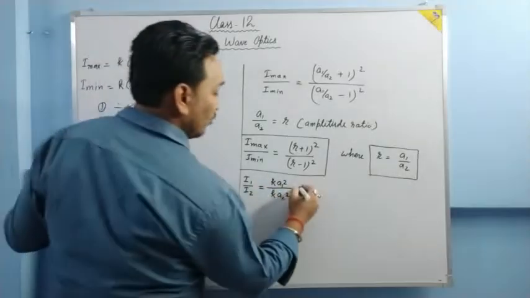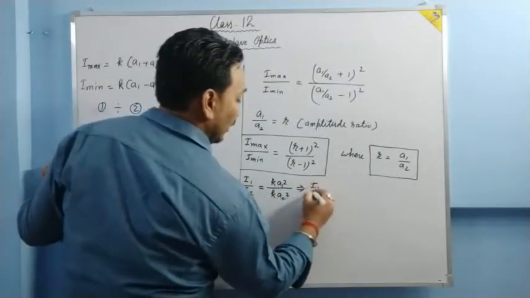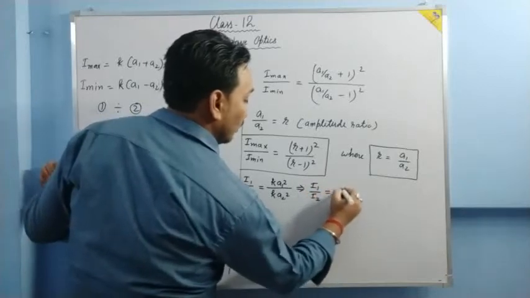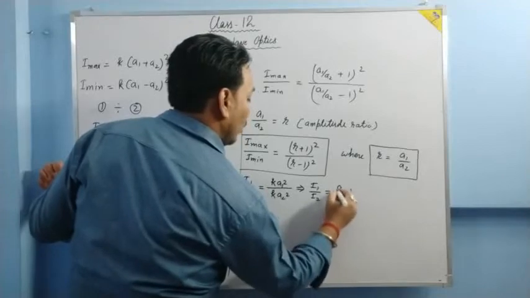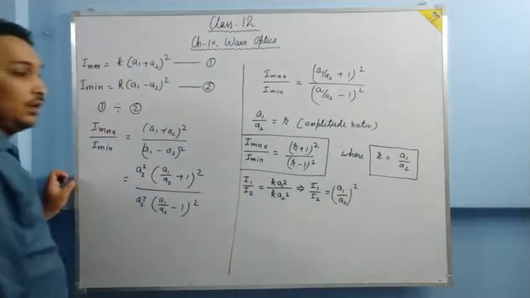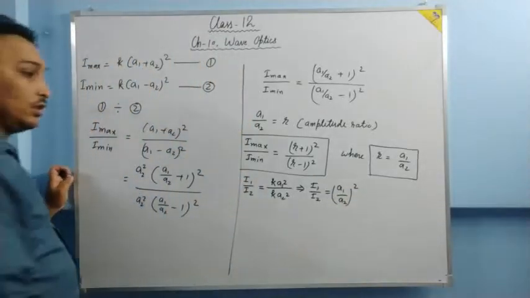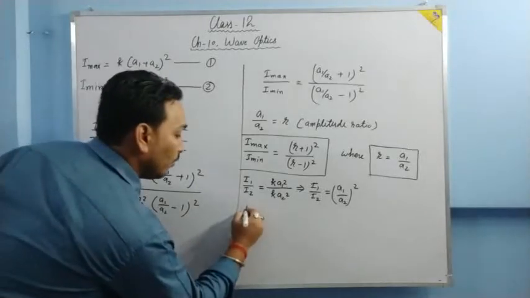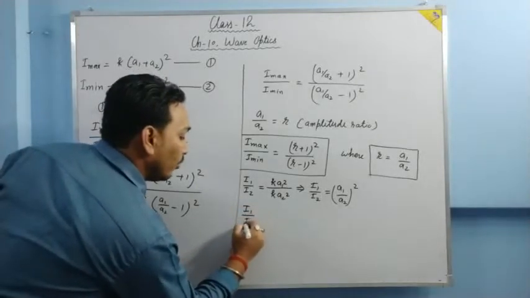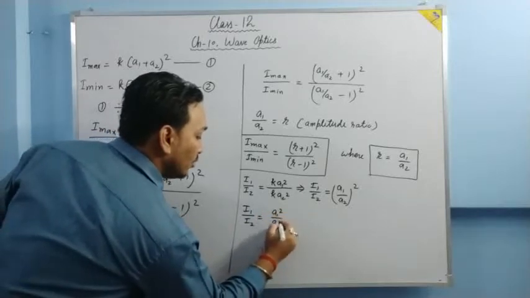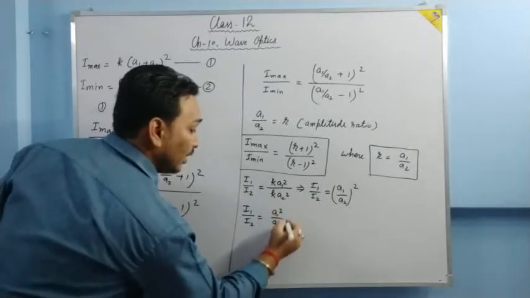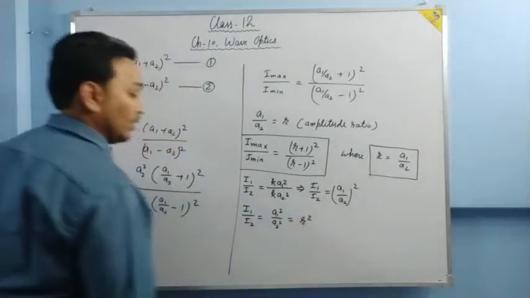So what we are going to have? I1 upon I2 is equal to (A1 upon A2) whole square. Okay. Now just see, we have a very good formula from here. I1 upon I2 will be equal to A1 square upon A2 square, which can be written as R square.